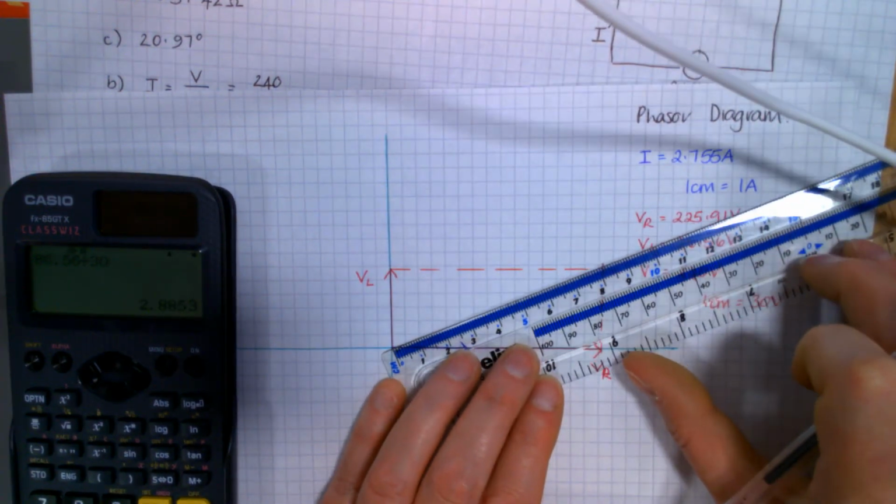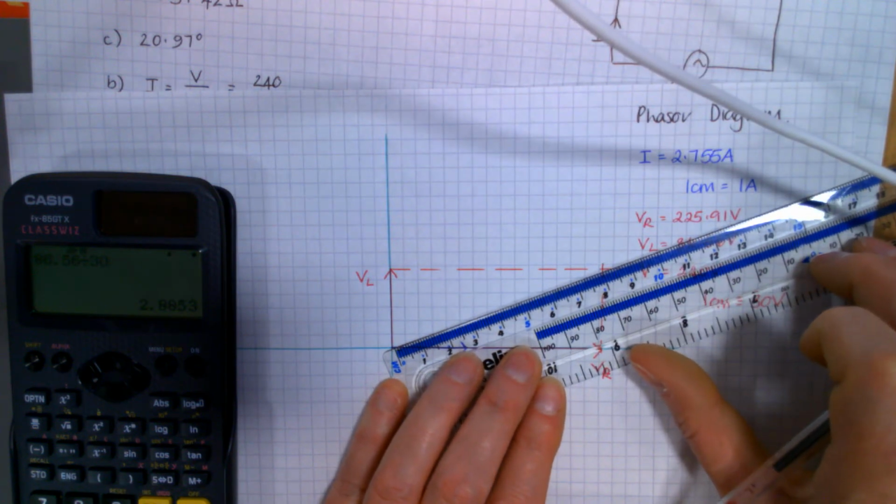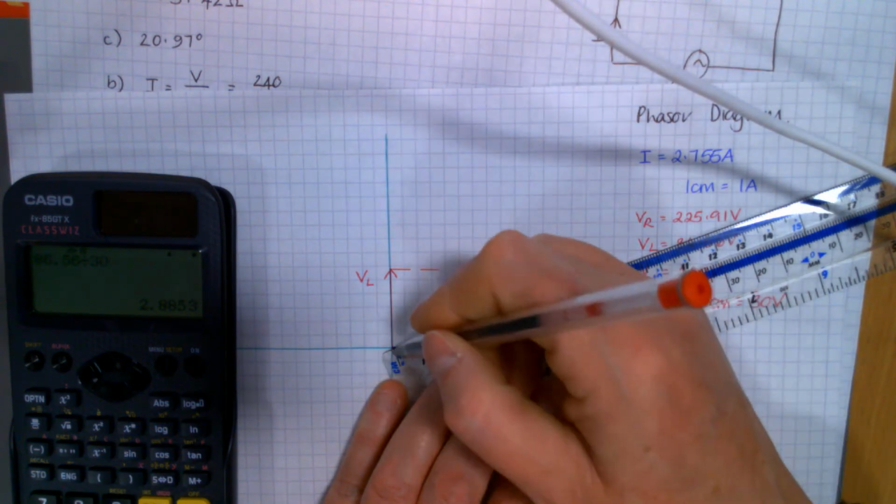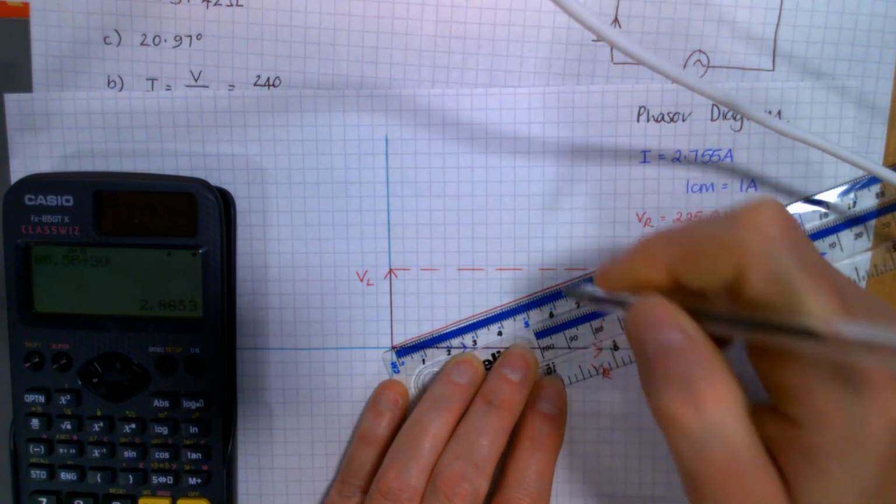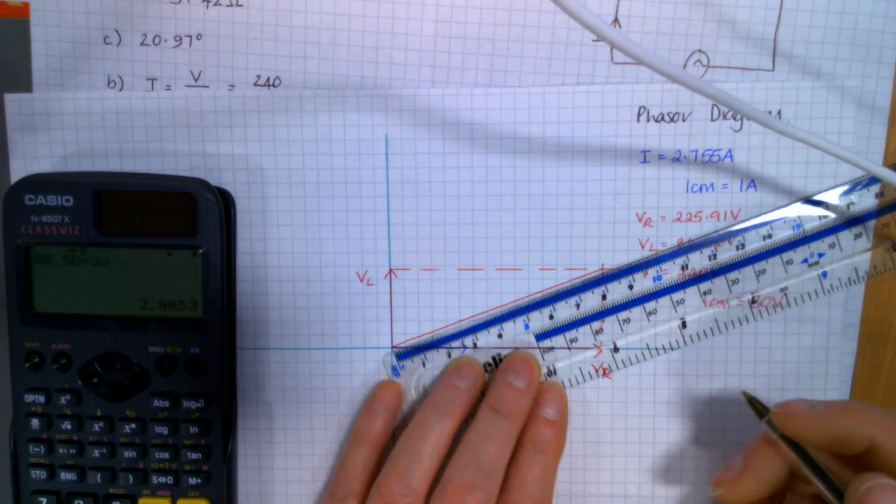And the phasor addition of VR and VL should give you your supply voltage VS, which is 8 centimetres on mine.